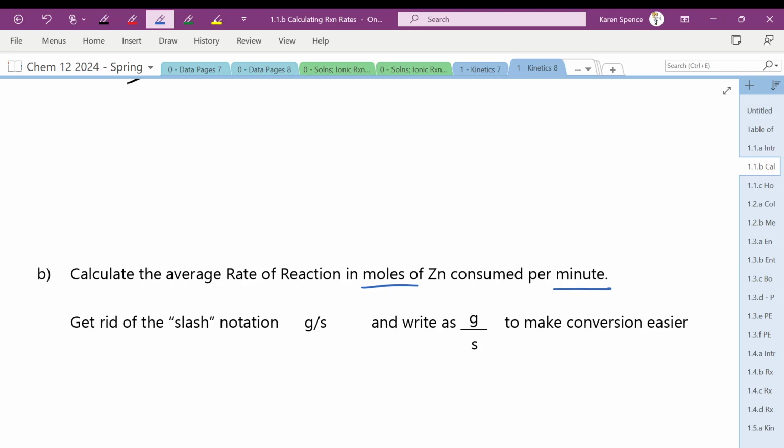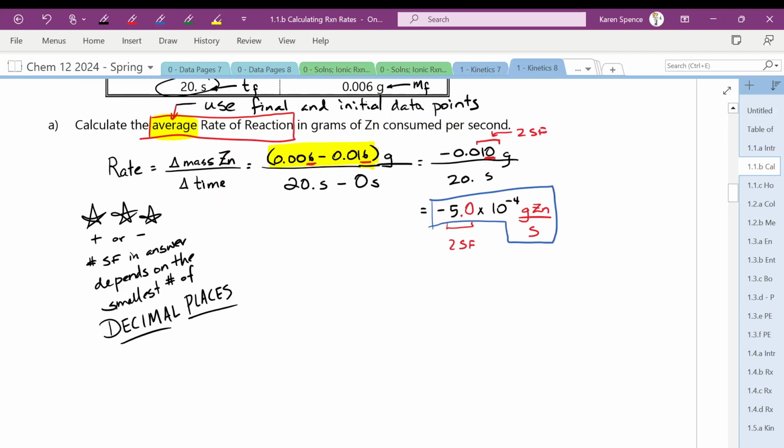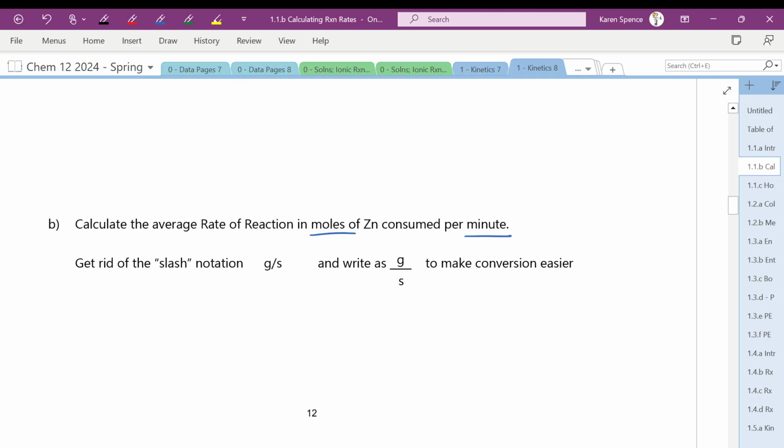You guys can try it independently because you should be able to do it now. So we're going to start with this thing, and I'm going to rewrite it down here. Negative 5.0 grams of zinc per minute, and we want to convert it into moles of zinc per second. See if you can do that using the tools that we practiced yesterday.